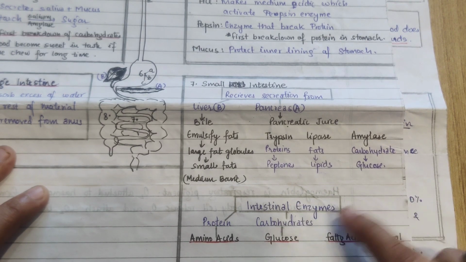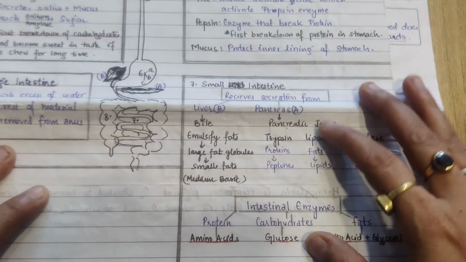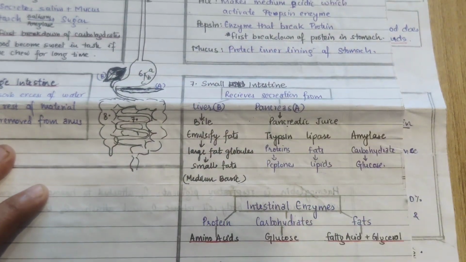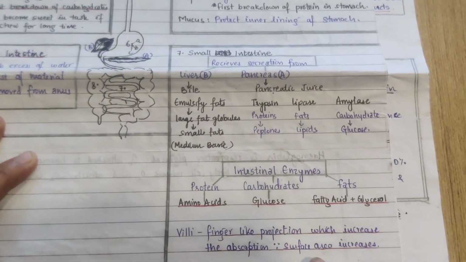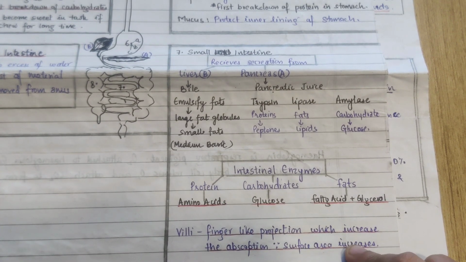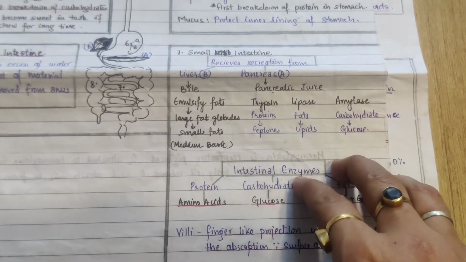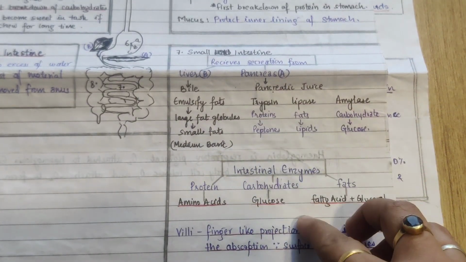Fats are broken down into fatty acids and glycerol. And one more important point: in the small intestine, villi are present, finger-like projections which increase absorption, and hence the surface area increases. All these points are very important. You must know the function of each and every enzyme.